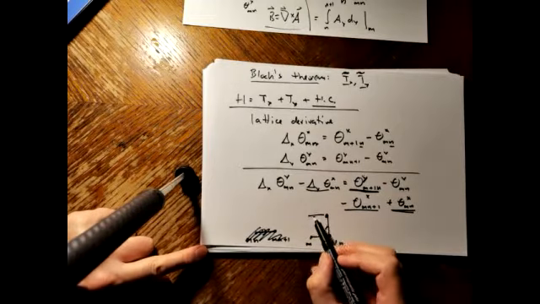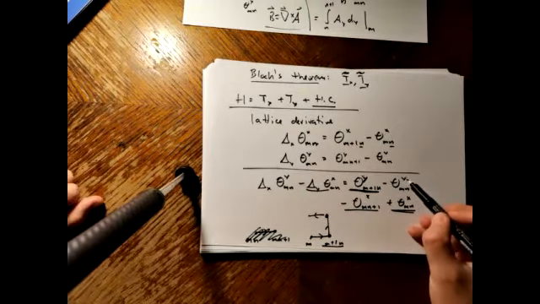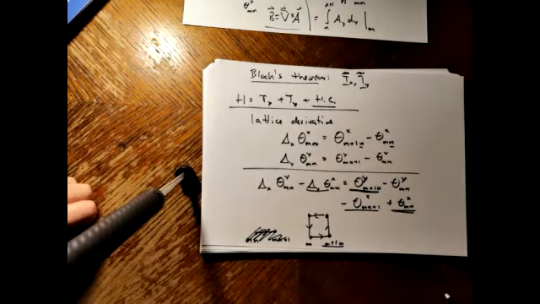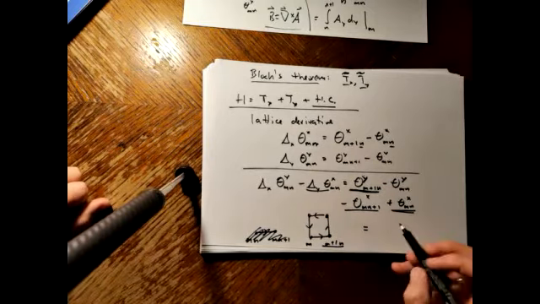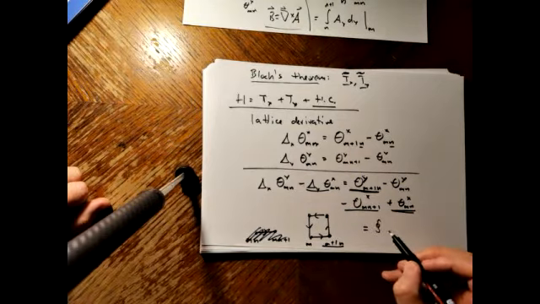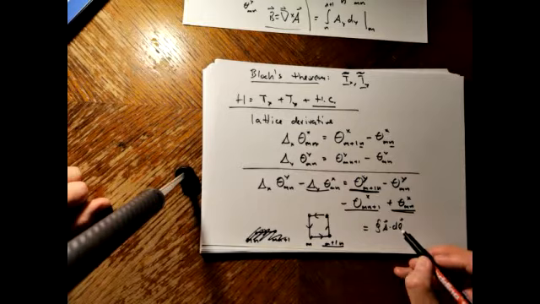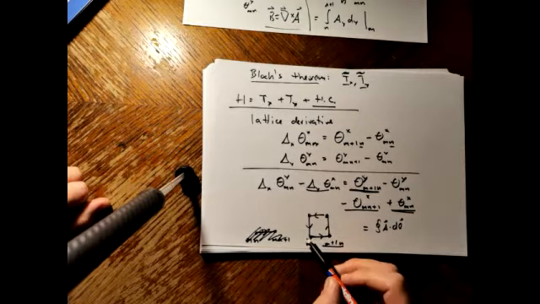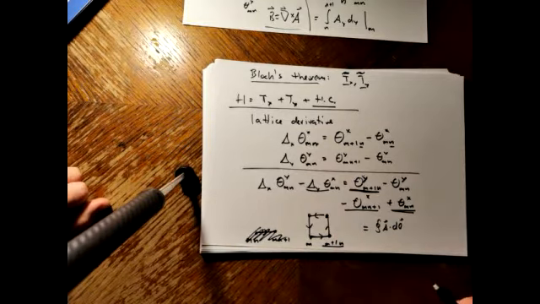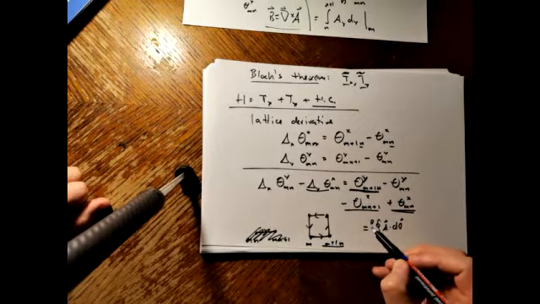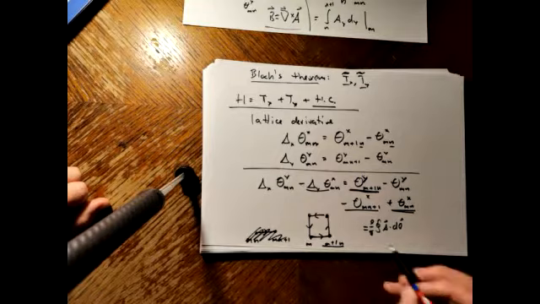And this one, by the same token, is coming back here. So overall, this is the integral of the vector potential around one plaquette of the square lattice that we are on. Sorry, I forgot this: this is multiplied by e over h bar.